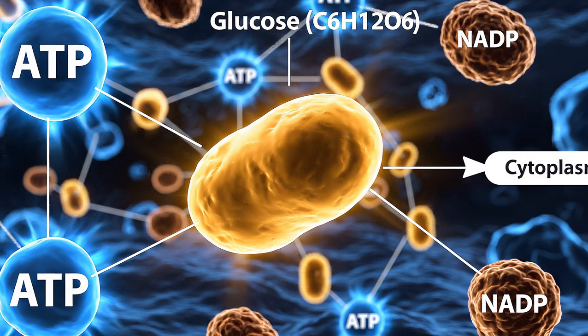The clinical importance is that if glycolysis fails and the ATP falls, the sodium potassium ATPase pump fails, the RBC membrane becomes fragile, and this leads to hemolysis, which means the breakdown of red blood cells.